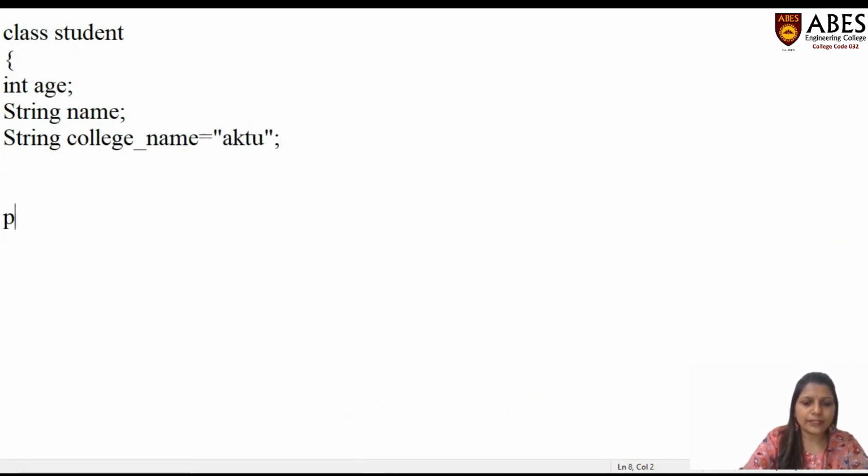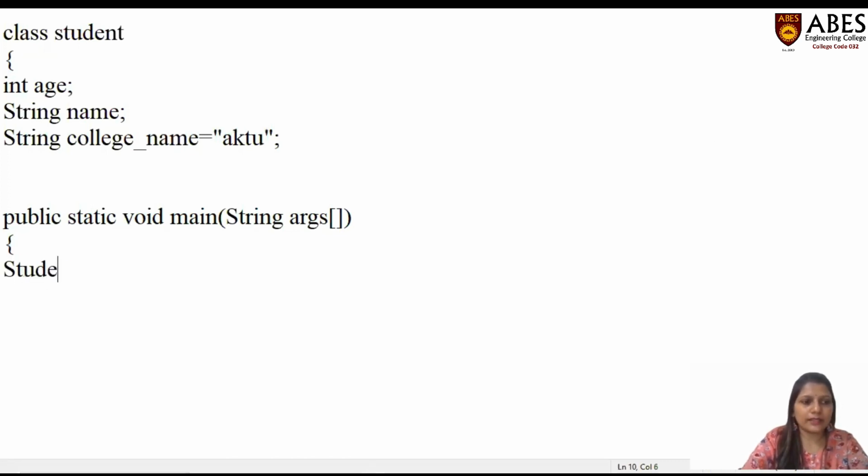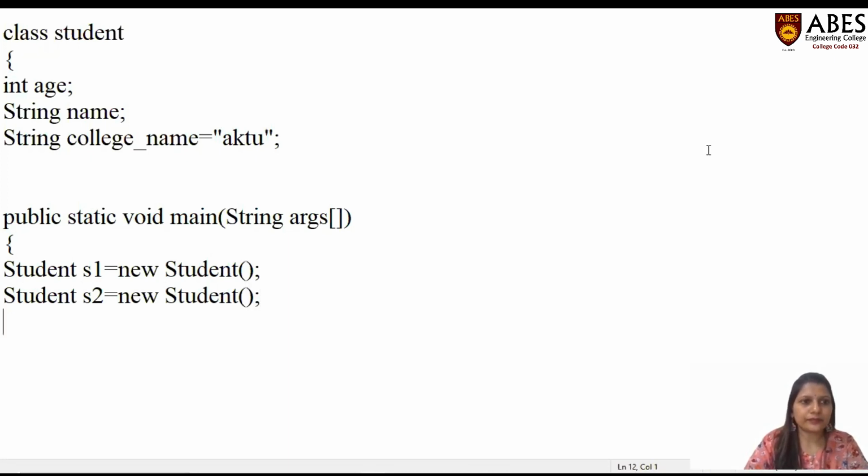And I declare the main method, public static void main(String args), and I create two objects: Student s1 is equal to new Student, Student s2 is equal to new Student.